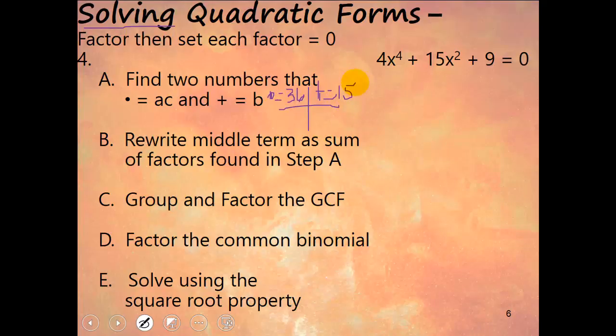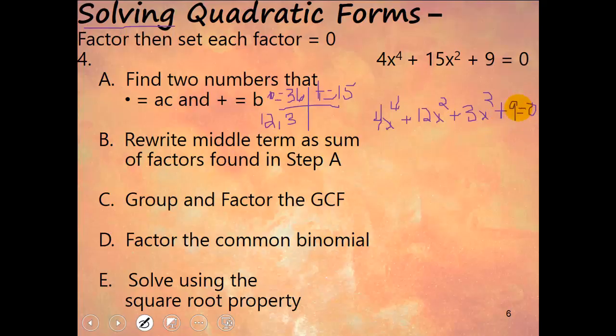So that's going to give me 12 and 3. So I'm going to get 4x to the fourth plus 12x squared plus 3x squared plus 9.